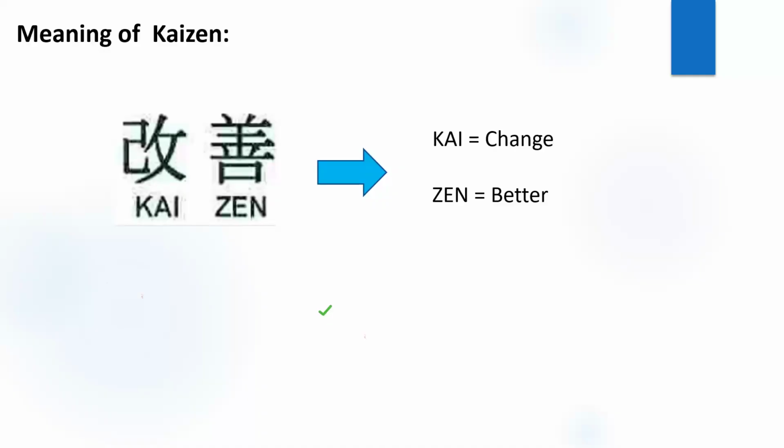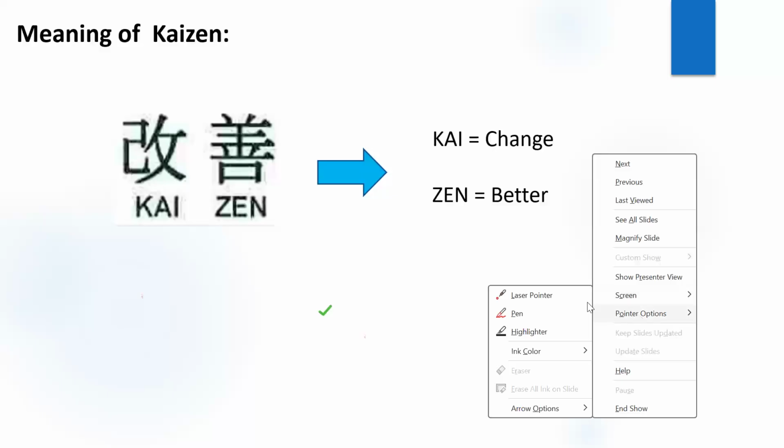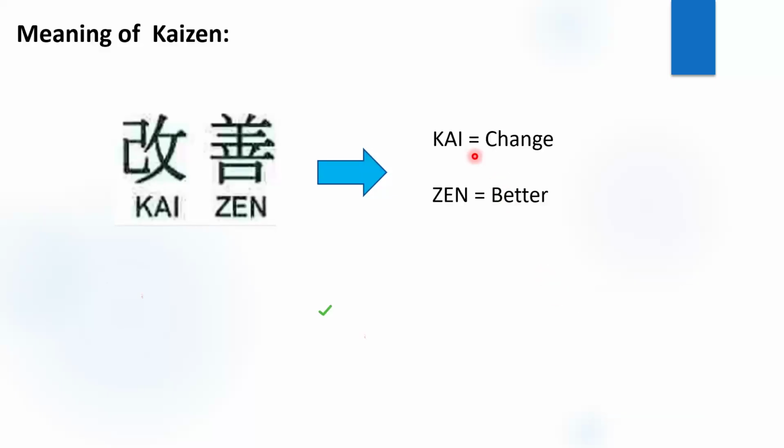Always remember that Kai means change, and Zen means better. If you want to translate Kaizen, it is a change for better. In Hindi, it is called अच्छे के लिए बदलाव. So change for better is the Kaizen.